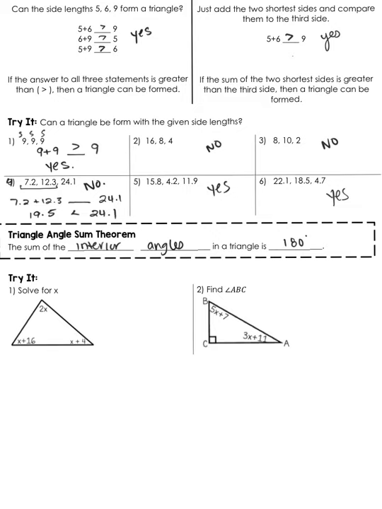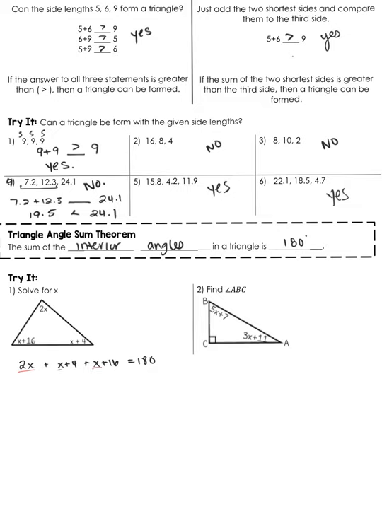In this first try it problem, I'm asked to solve for x. I have 3 angles here, so I'm going to create an equation that says 2x plus x plus 4 plus x plus 16 is 180. I need all 3 of those to add together to equal 180 degrees. So I'll combine my like terms.